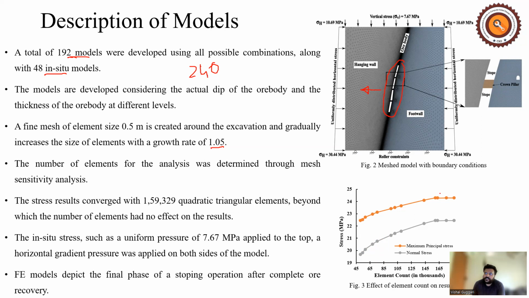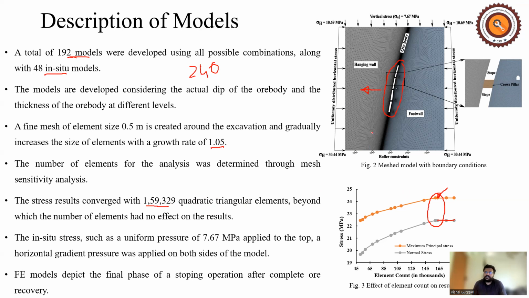Here you can see we have obtained an optimal element count, after which the element count does not affect the results. This optimized element count is around 1,59,328 quadratic triangular elements for each model.